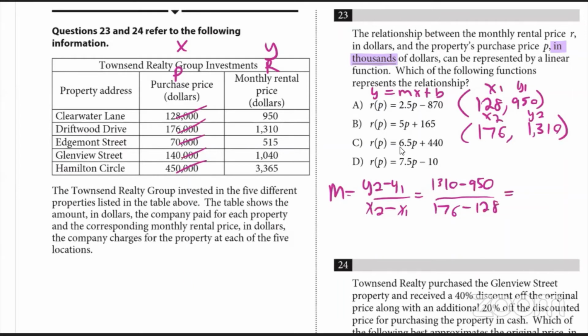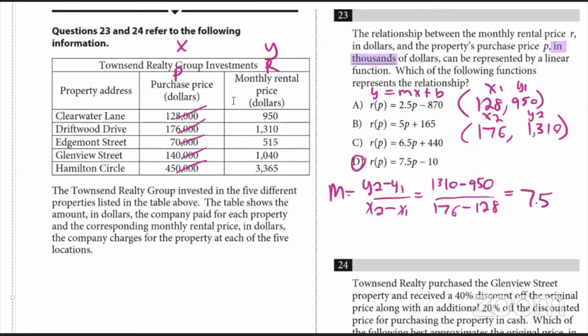Calculate that out. And you get 7.5. So the only answer here that has a slope of 7.5 is choice D for number 23.